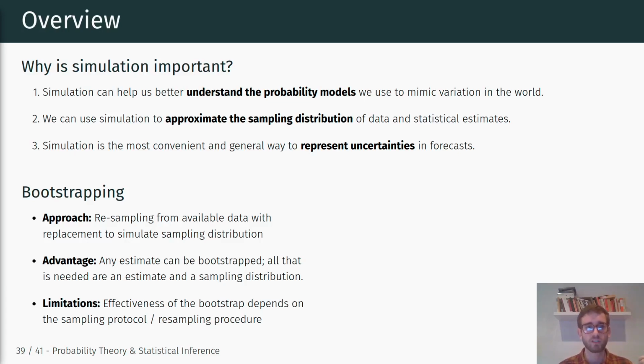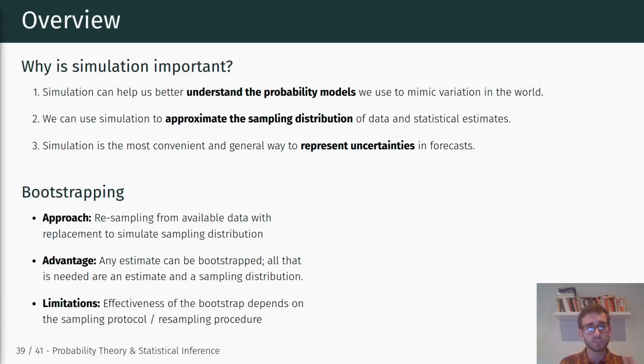Okay, so the bootstrap is only as good as the underlying sampling protocol or sampling procedure, and for a lot of applications that have more complex data structures, the bootstrap can be misleading if it doesn't take into account these complexities of the underlying data generating process.